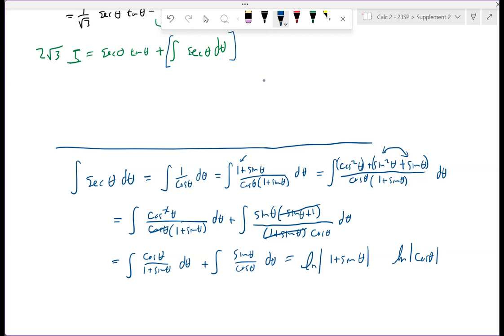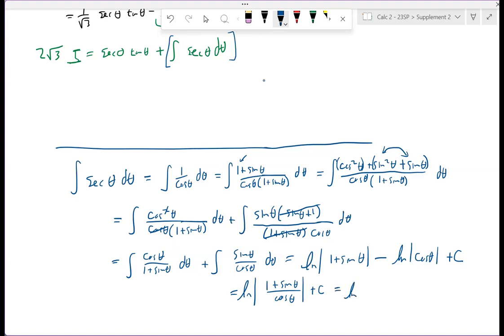The derivative is negative sine theta, so I need a negative to fix that. And then plus c. Or I can use a log rule here. The difference of the logs is the log of the quotient.